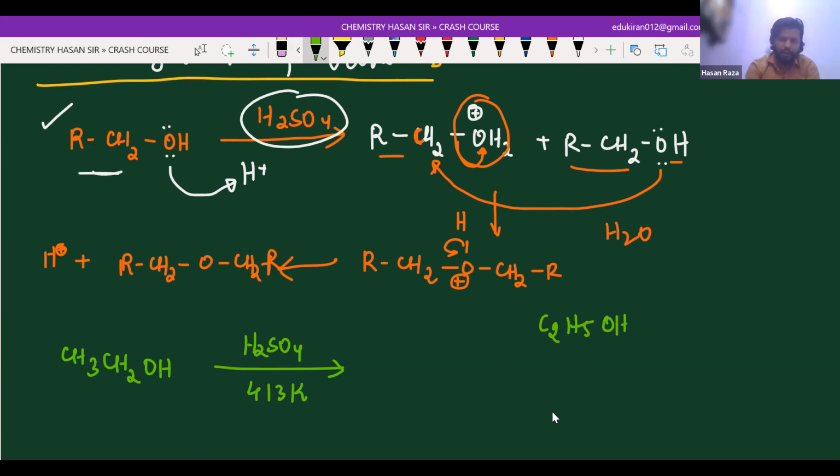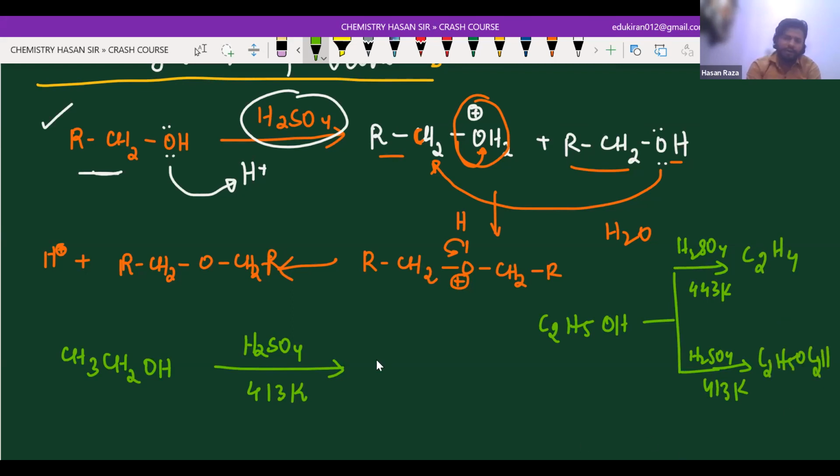C2H5OH is there, and if you treat this with H2SO4 at 443 Kelvin, you will get C2H4, which is ethene, and if you treat with H2SO4 at 413 Kelvin, you will get C2H5OC2H5, which has a name. I'm going to write here CH3CH2OCH2CH3, and its name is ethoxyethane.